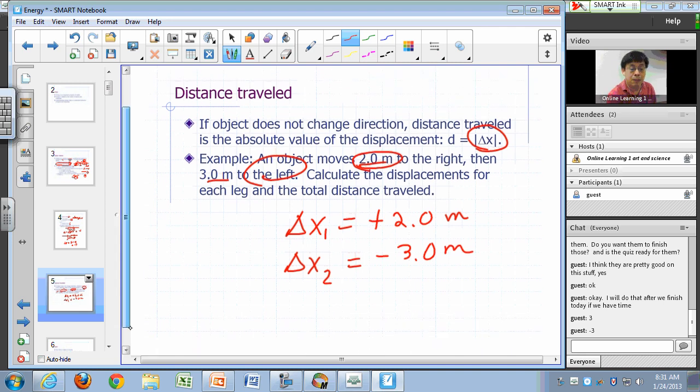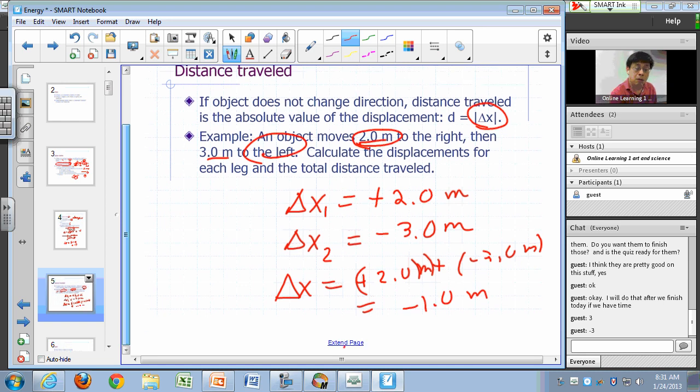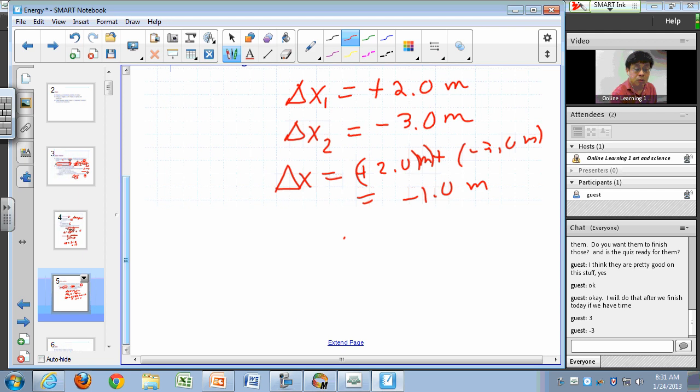What's the total displacement? I'm just going to add these up. So plus 2 plus -3 would be -1 meter. What does this mean? Well, here you are.